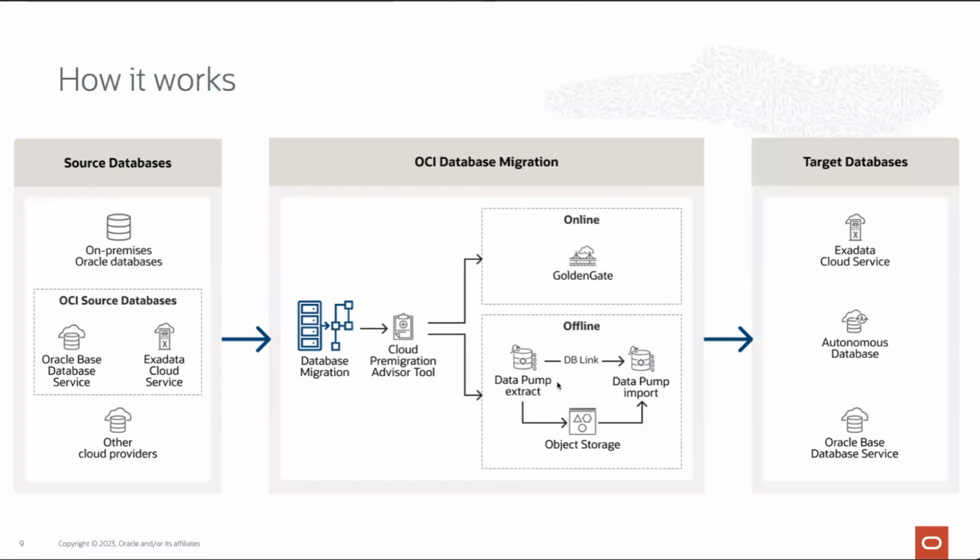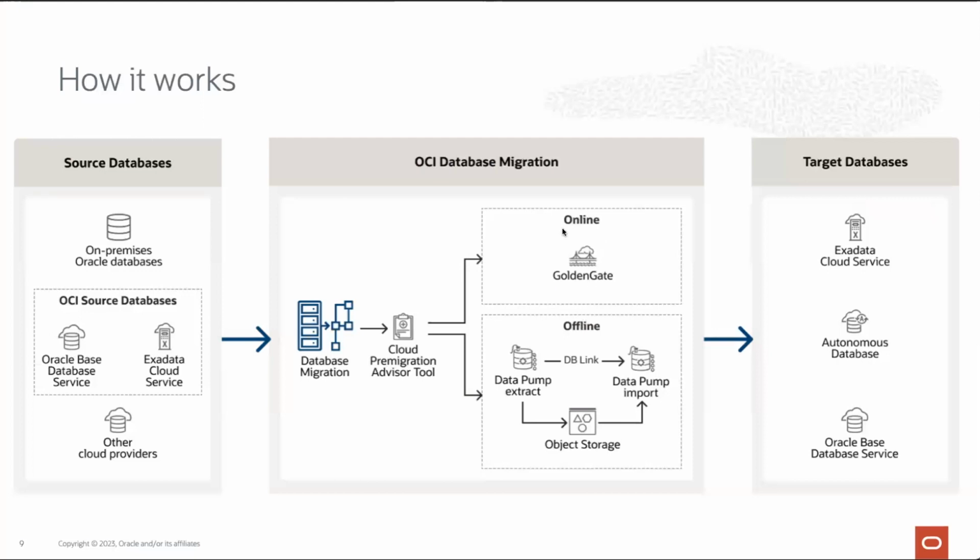For that, we can use either database link or object storage to store the extracted data. For database link, we only recommend that one for smaller databases, so approximately databases not bigger than 50 gigabytes. The reason for that is because there are some limitations when it comes to performance and parallelism with database link.